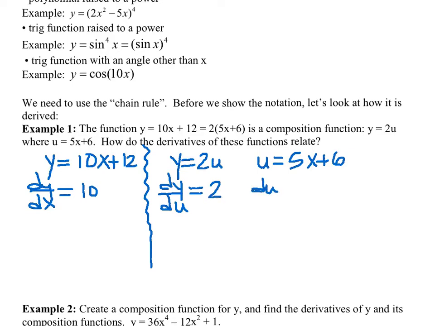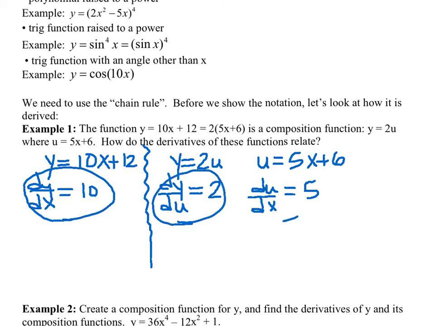And the derivative of u with respect to x is just 5. Now if you look at the derivatives here, dy dx is 10, dy du is 2, du dx is 5. Take a look. If you multiply these two together, you'll get the value of the original derivative. So that's the chain rule shown in a composite form.